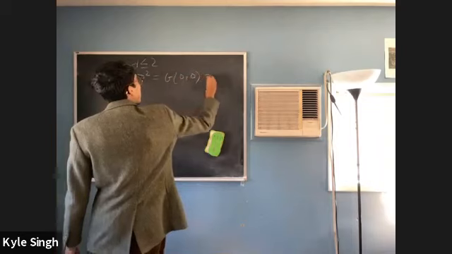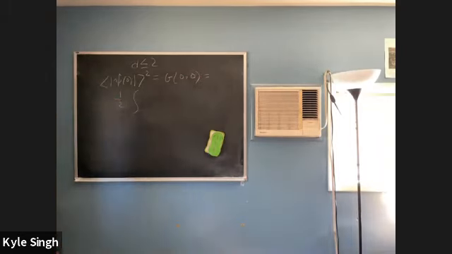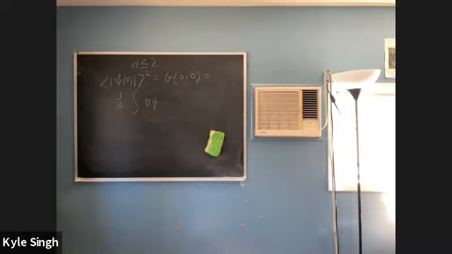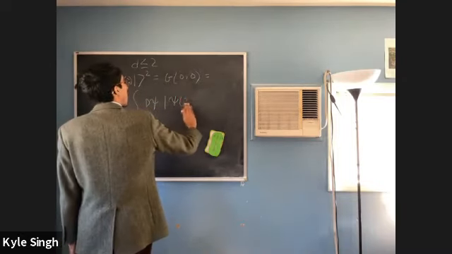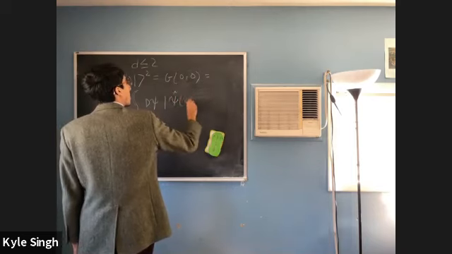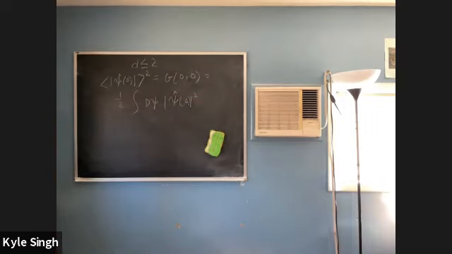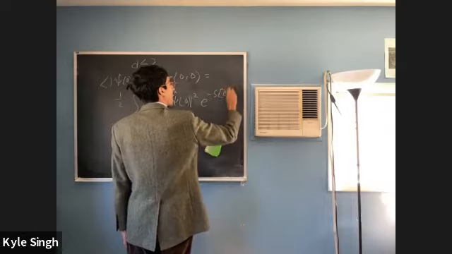Now I can write this out as a functional integral or a path integral to calculate this. So I can write this out as some integral of d psi hat, psi hat naught squared, e to the minus S[phi].